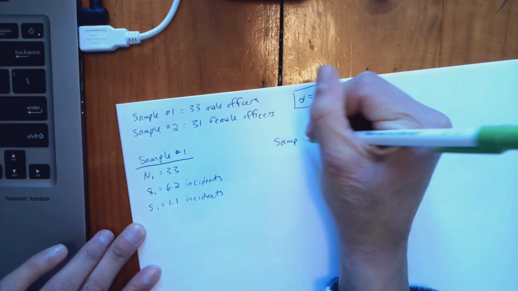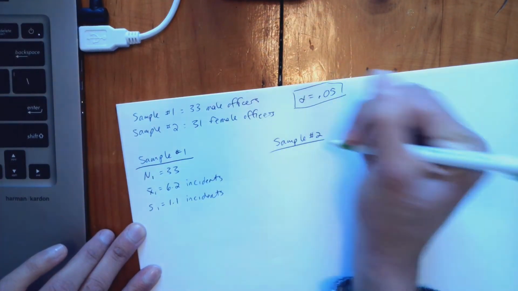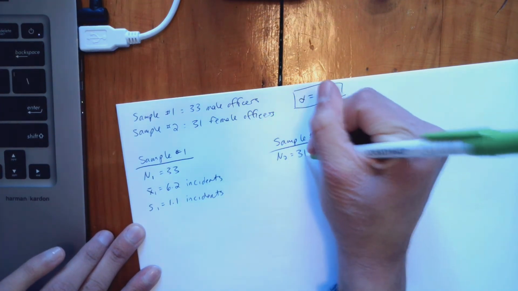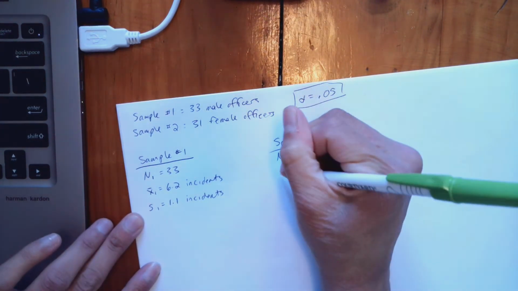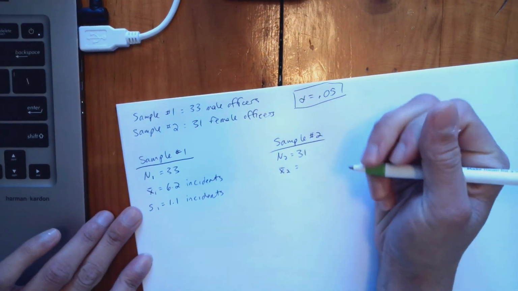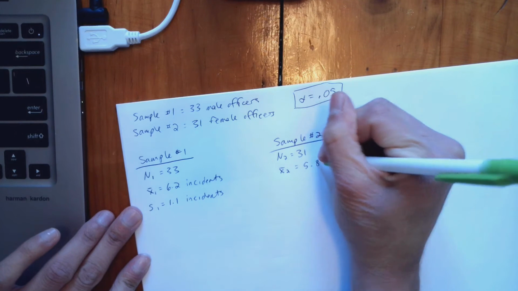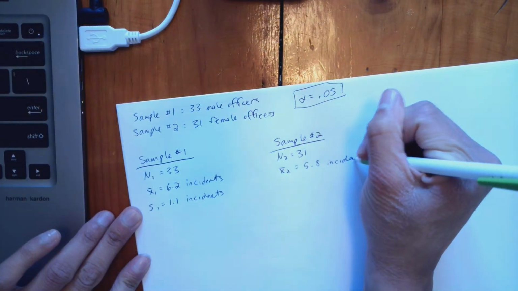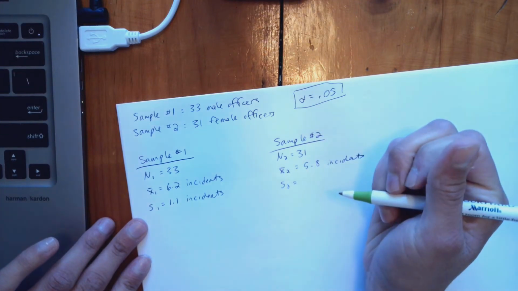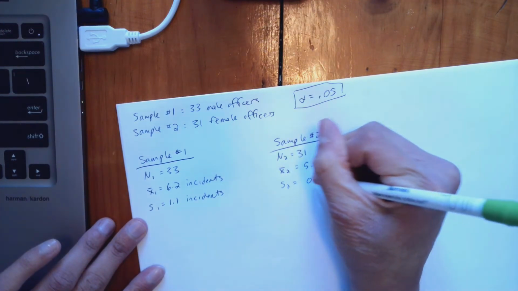Looking at sample number 2, our female officer sample, we have an n of 31 female officers in the sample. We have a sample mean of 5.8, and a sample standard deviation of 0.9.